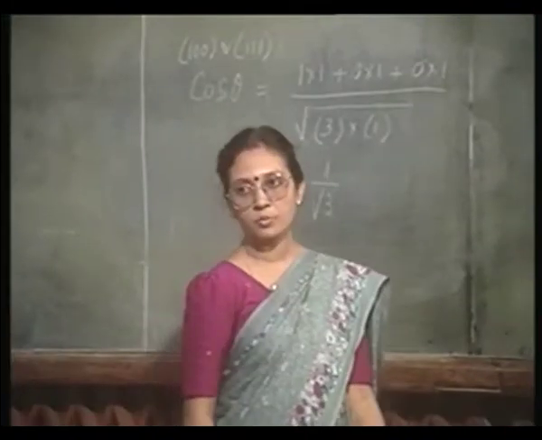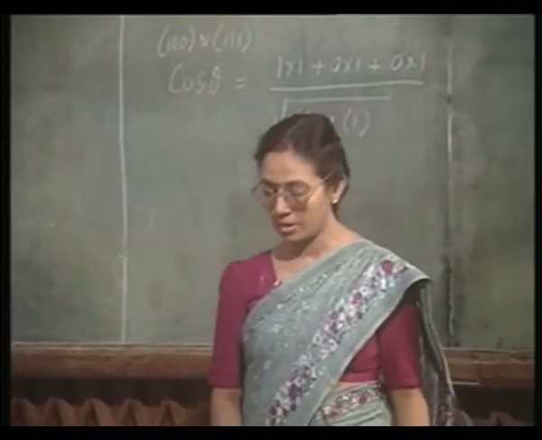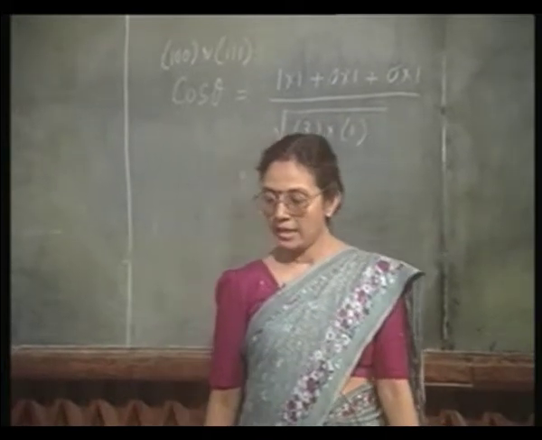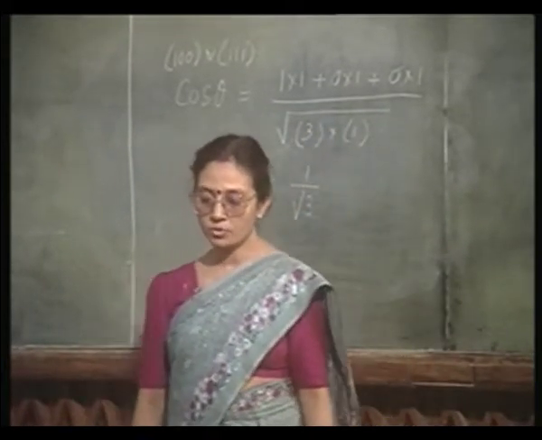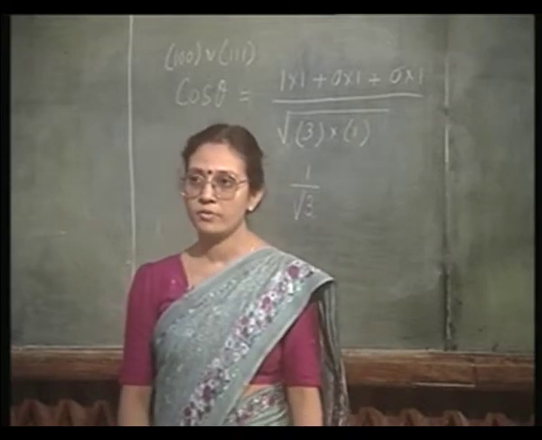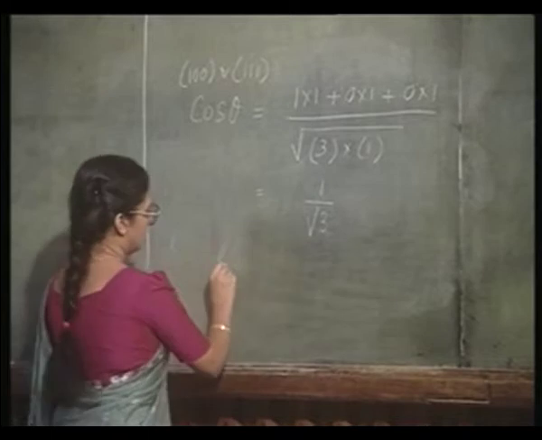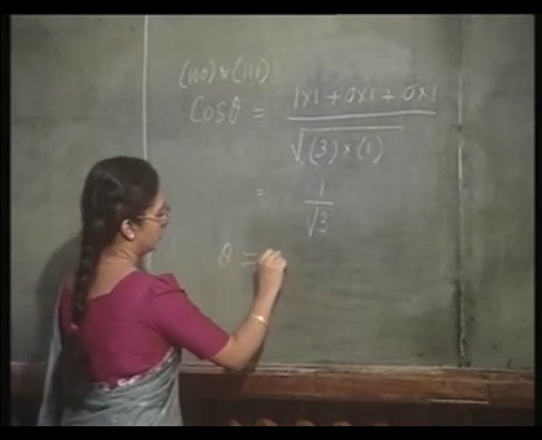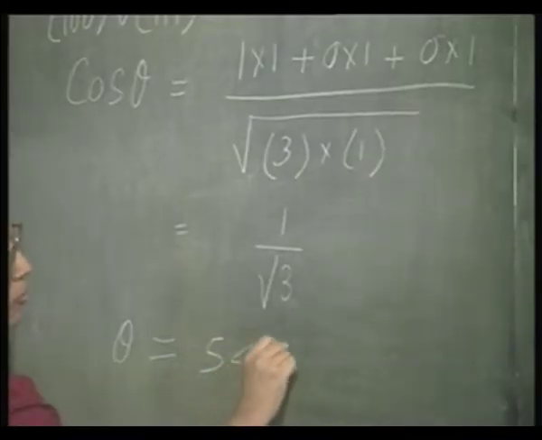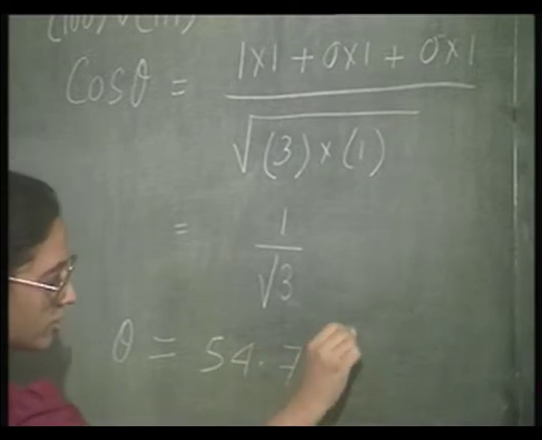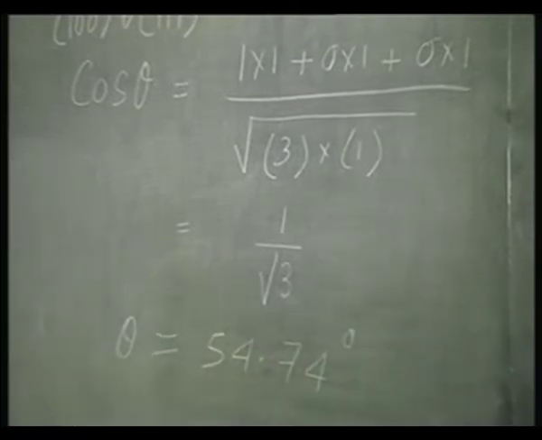Cos theta is going to be 1 upon root 3. This works out to be an angle of 54.74 degrees approximately, 54.735 or something.